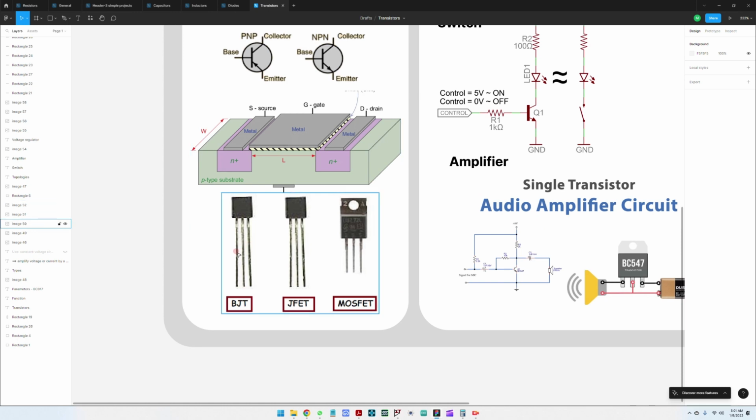So here it's a bipolar junction transistor. It's quite similar to a JFET transistor, three terminals: base, collector, emitter; gate, drain, source. And here is a MOSFET transistor. The MOSFET transistors here also have a cooling plate.